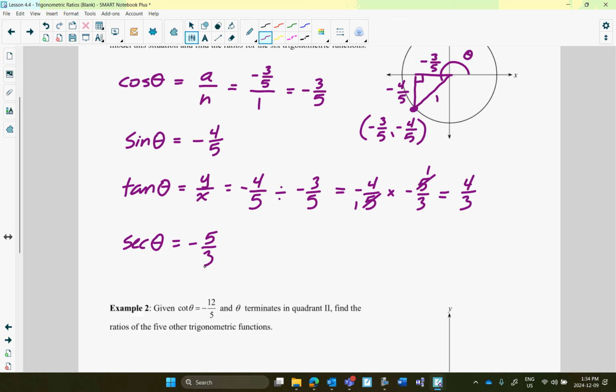Negative 5/3. Cosecant. Negative 5/4. Cotangent. 3/4. So you just find the 3 primary ones, and then to get the 3 reciprocal ones, you just flip them.